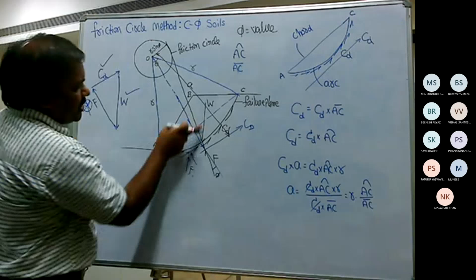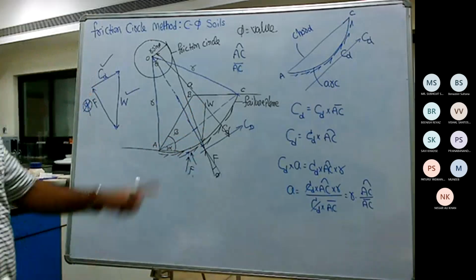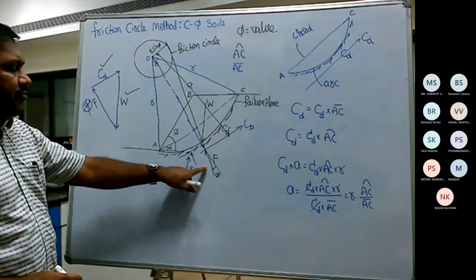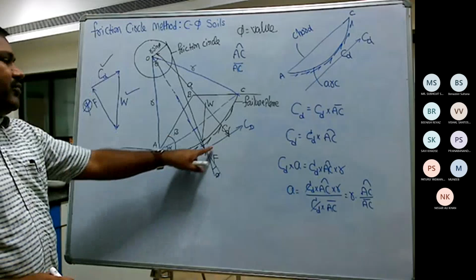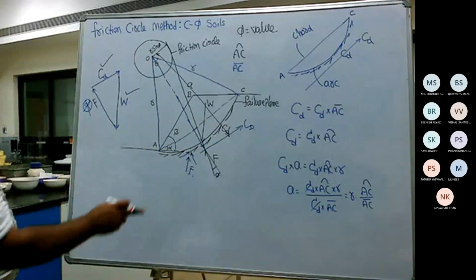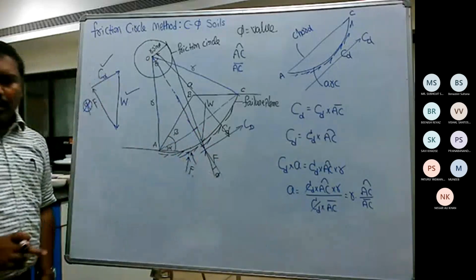If I look at the direction of each force, everything is known. W is in the vertical direction, and the angle between F and the vertical can also be determined. The angle of CD can also be determined. Therefore, the directions of all three forces are known.